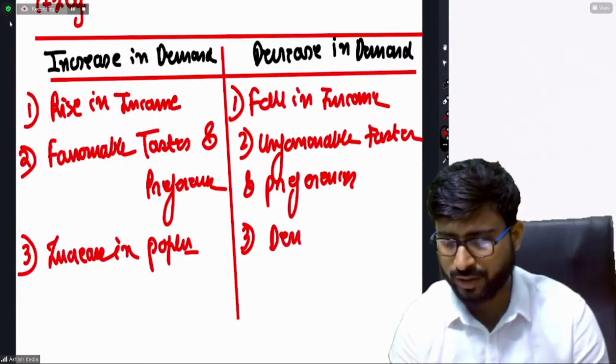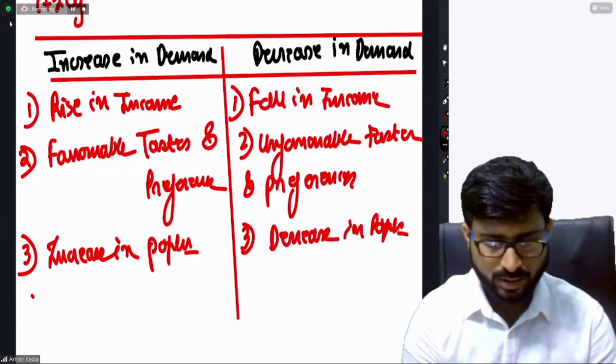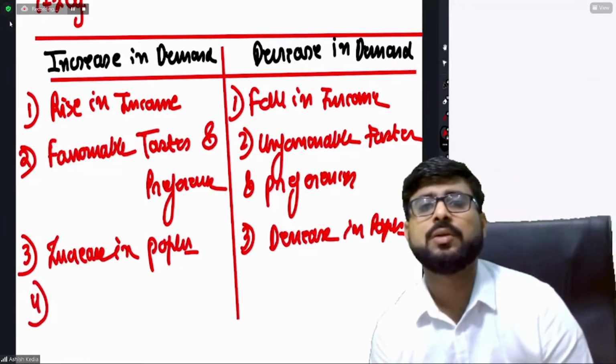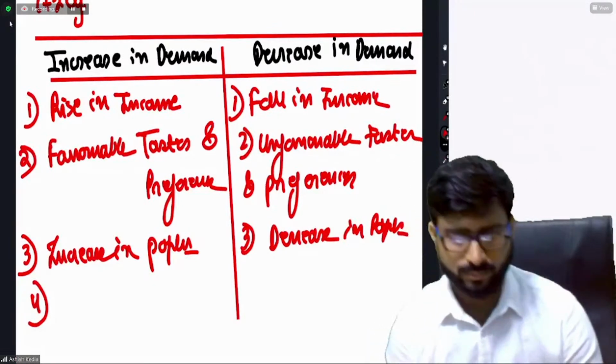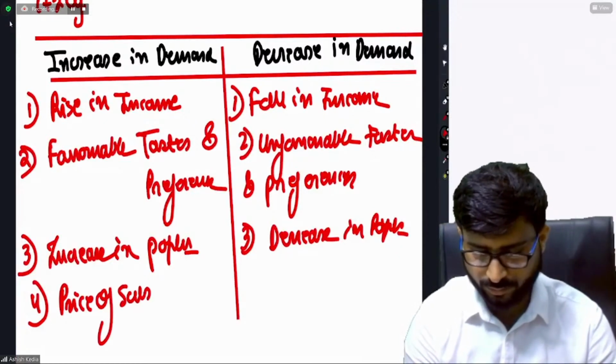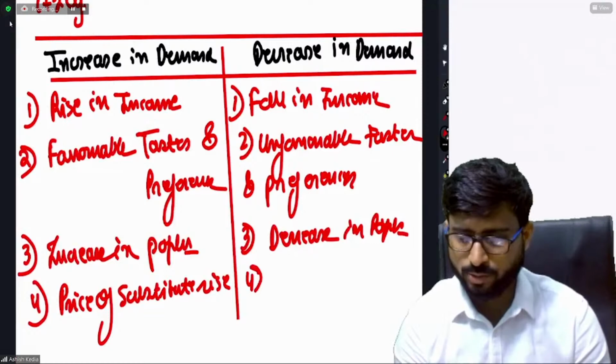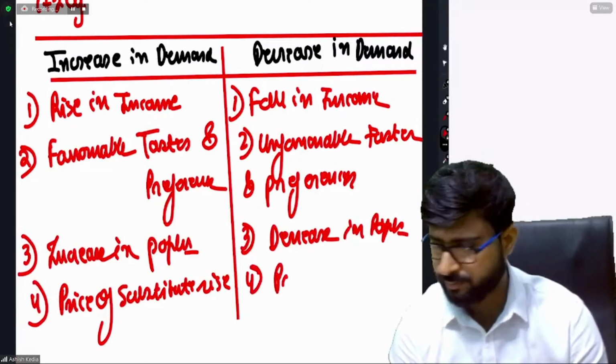Decrease in demand is caused by the reduction in population. Increase in demand is caused when the price of substitute is rising. Here it is caused when the price of substitute falls.